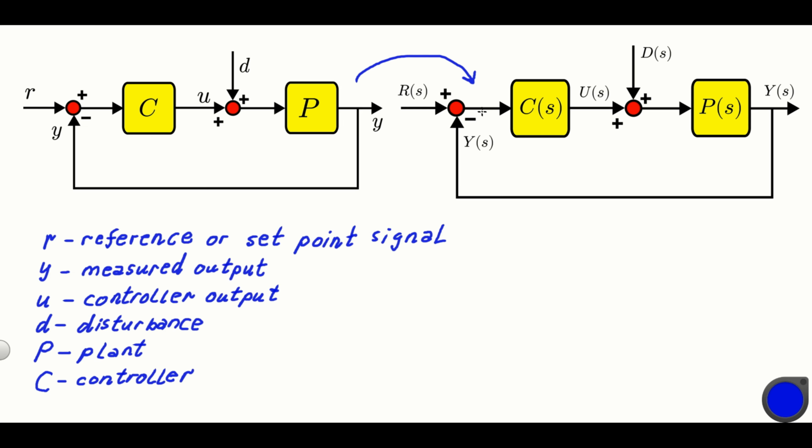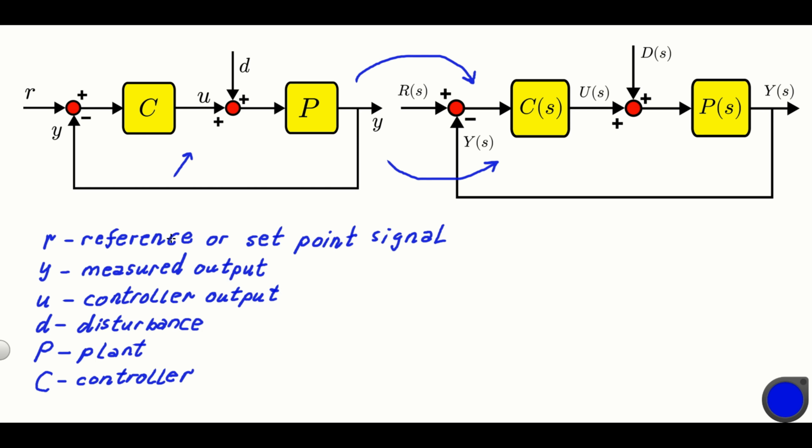Structurally speaking, the block diagram has the same form. However, the signals are transformed signals from the time domain, namely this block diagram is in the time domain, to the complex Laplace domain shown over here.